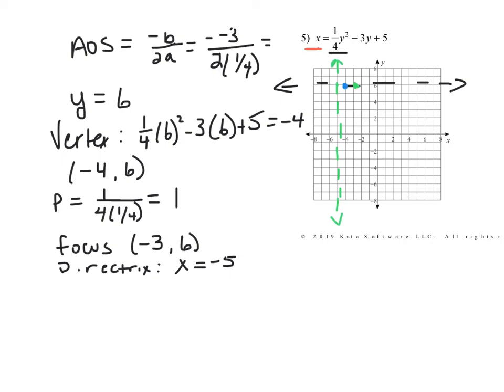So this particular line is going to be x equals negative 5, because I have to take my x value right here of my vertex and subtract 1 because I'm going in the opposite direction. So negative 4 minus 1 gives me a negative 5. And I draw my directrix right here. This is my directrix, x equals negative 5. Now the next thing I need to do is draw in some values for my parabola.